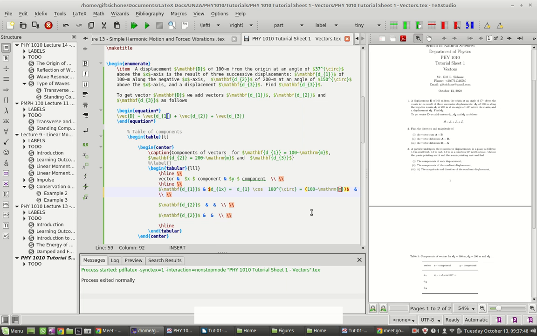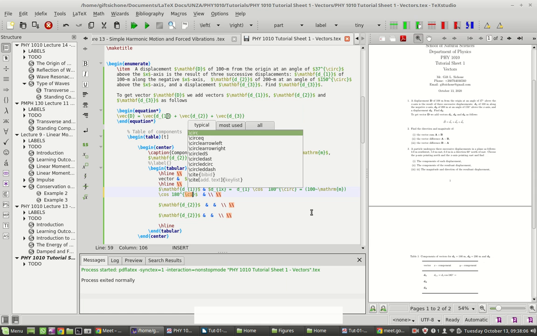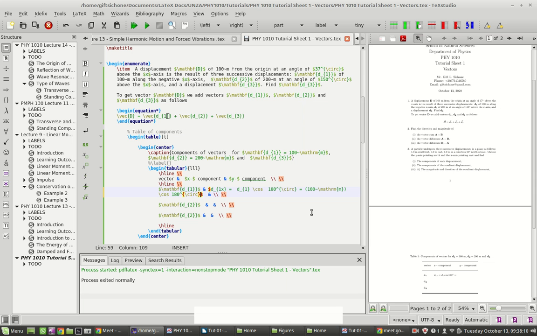What's the magnitude of d1? 100. Yes, the size of the vector is 100 meters. So I don't know where people are trying to get this negative 100. Let's not get ahead of ourselves. Do things step by step.